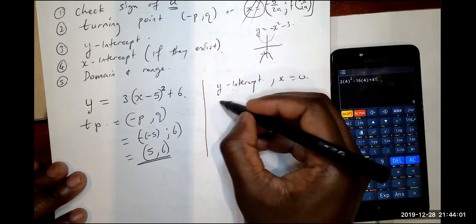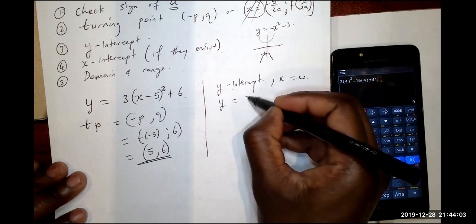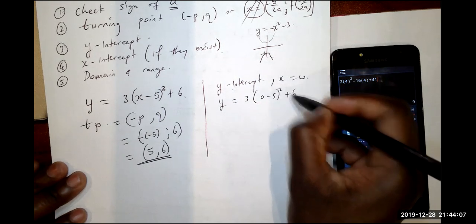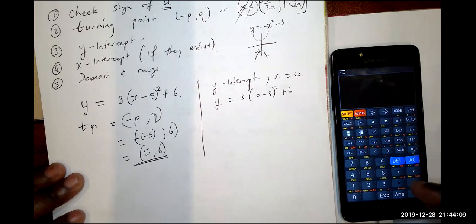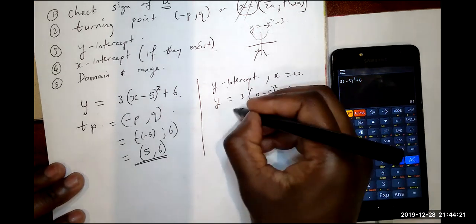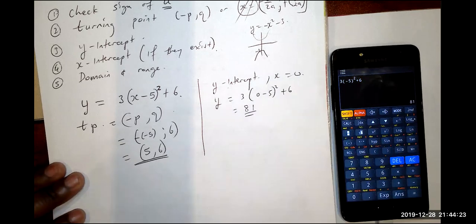Then you're going to say y is equal to 3(0 minus 5) squared plus 6. And what do we get there? We get 3 in brackets minus 5, squared, plus 6. What do we get? We get 81. So that's 81 for us in terms of y.